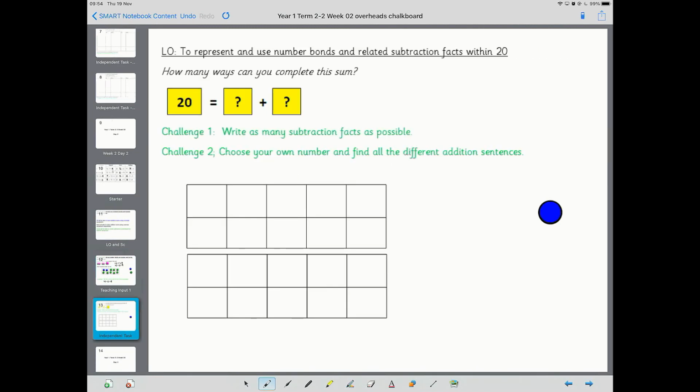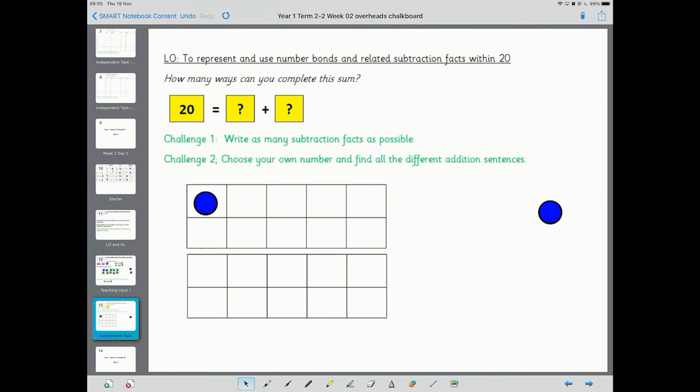Now this second one is very much the same, but you're working with 20, so you're working with 2 10 grids. So I'm going to very quickly show you how you could get your first one, and it's going to be a very lazy way. So we've done 1 cube there.